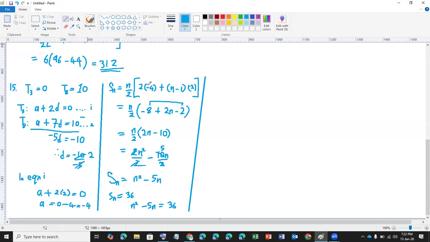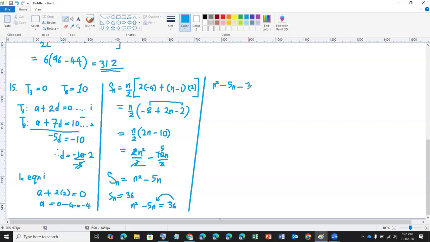Next thing we're going to do is to move 36 over, right? So we're going to solve n squared minus 5n minus 36.